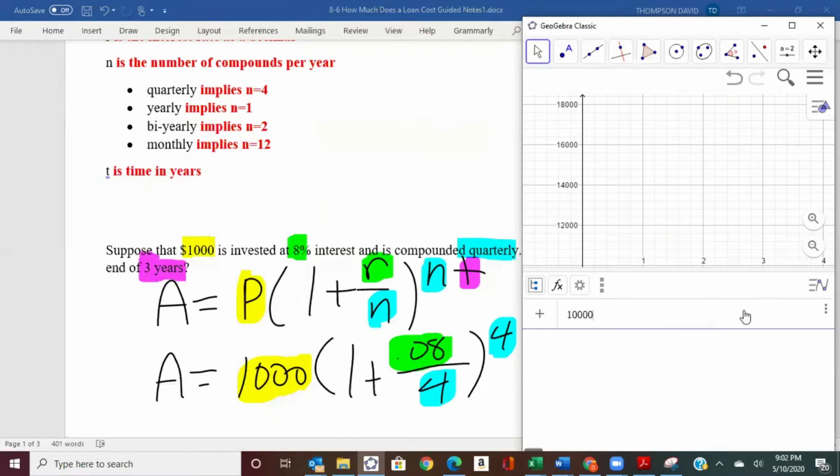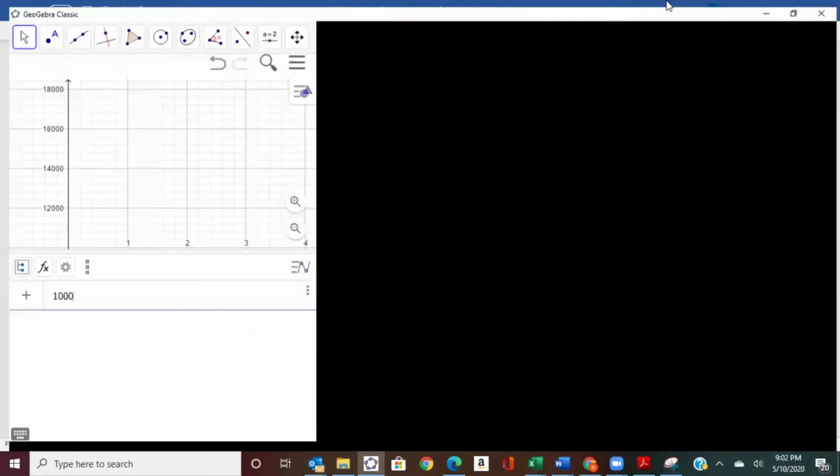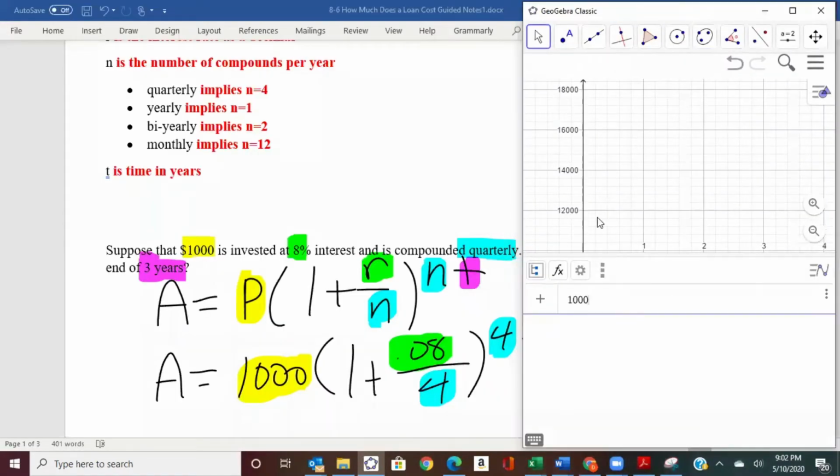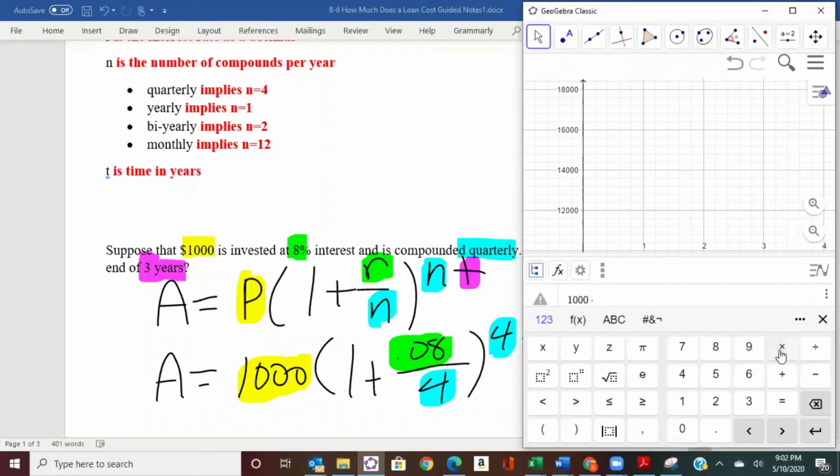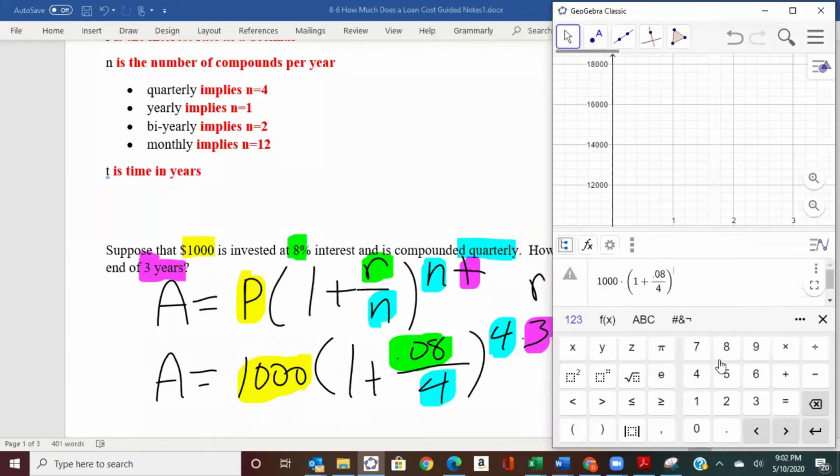So 1,000, then times, make a parentheses, 1 plus 0.08 divided by 4, go outside the parentheses, and then hit the exponent button, and then it's just 4 times 3, and the value of my investment is $1,268.24, which is the value that GeoGebra gives me.